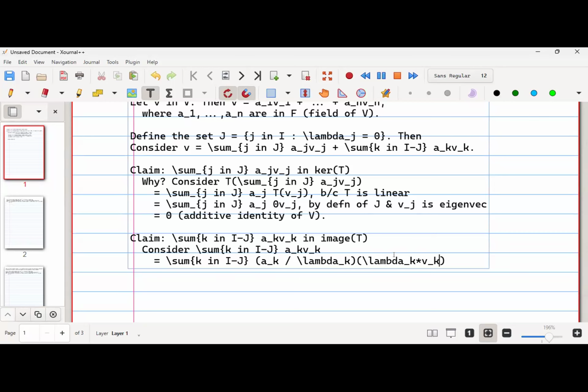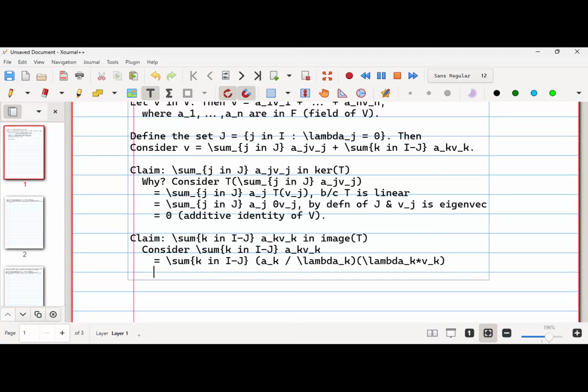But the more interesting thing is why we can do this, right? That is because we've indexed all these elements so that each of these eigenvectors are in I, but not in J. If it's not in J, that means the eigenvalues that the eigenvectors correspond to are non-zero. So we can actually do this division. This division is well defined because of that.